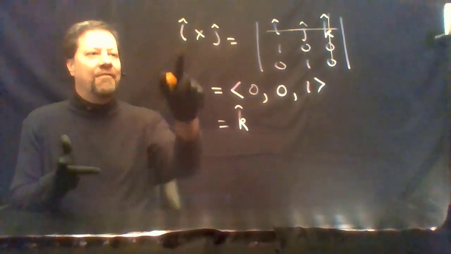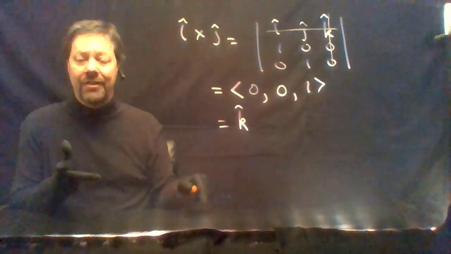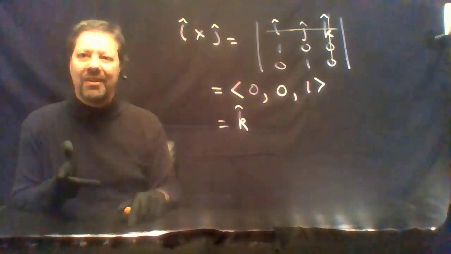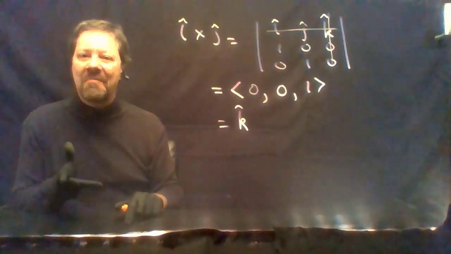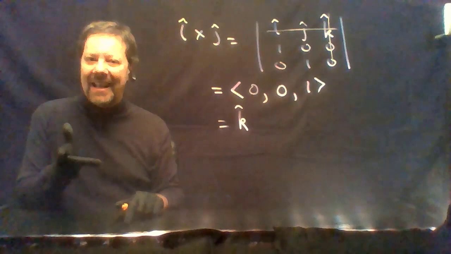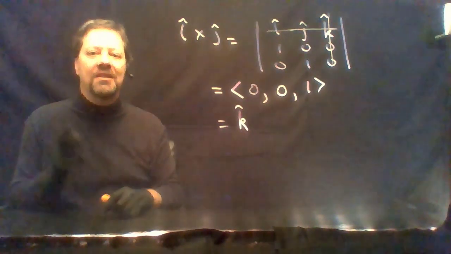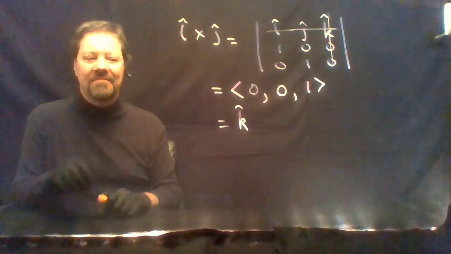So if my index finger is in the direction of i, the middle finger in the direction of j, which is in the positive y-axis direction, then my thumb will point in the direction of the z-axis, in the direction of the vector k. This right-hand rule works even if the vectors aren't i, j, and k. But if they are, it tells you exactly which one to expect.